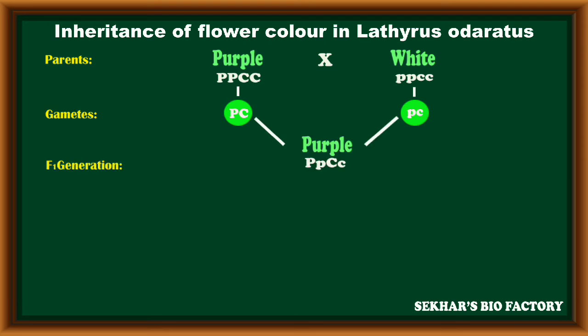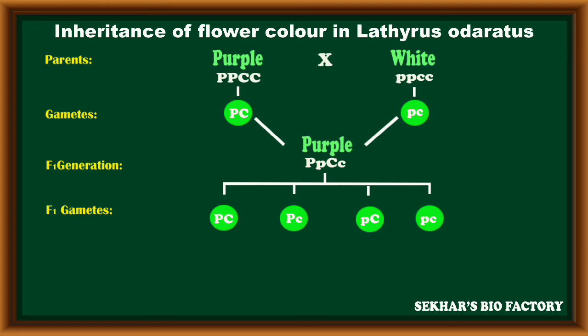When these gametes fuse to form the F1 generation, the P gene and C gene each have at least one dominant allele, so both enzymes are produced. When both P enzyme and C enzyme are produced, the raw material is converted into anthocyanin, and the flower color becomes purple.